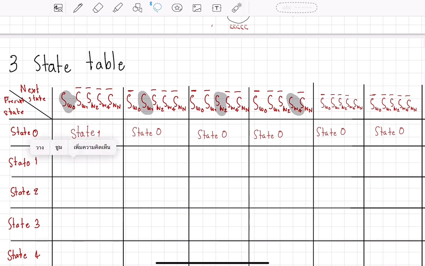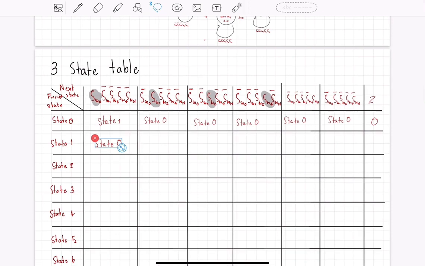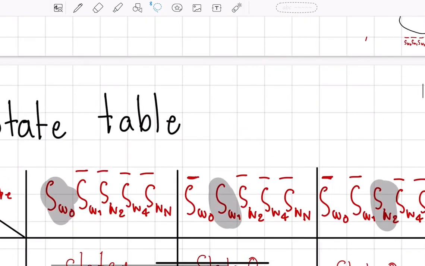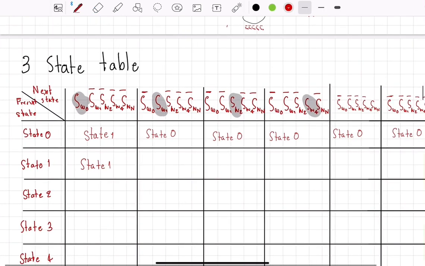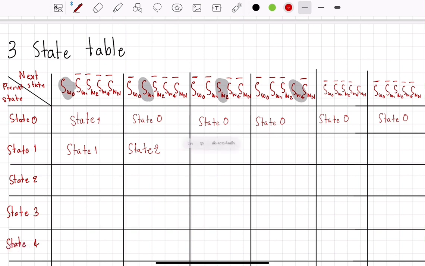When I put switch 1 in state 1, I stay working in state 1. When I put switch 1, yes, it goes to state 2. When I put switch 0, switch 2, I go to state 0.